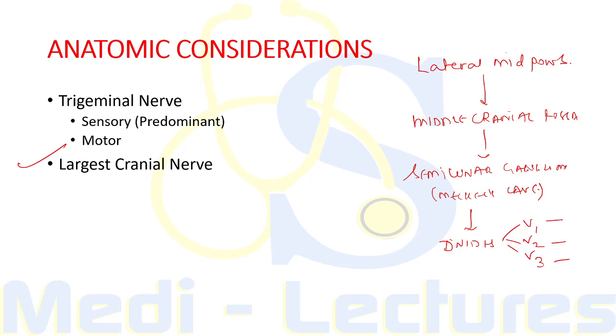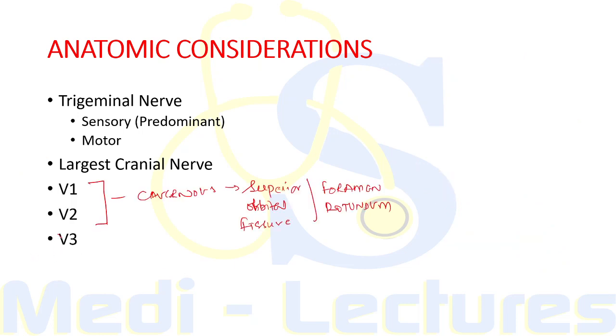This semilunar ganglion is also known as the Gasserian ganglion or trigeminal ganglion. The mandibular division exits through the foramen ovale.